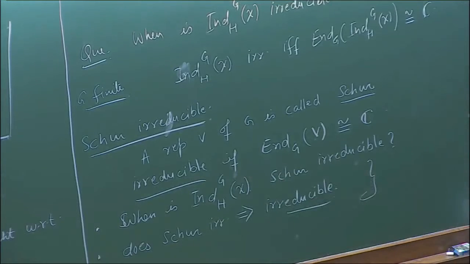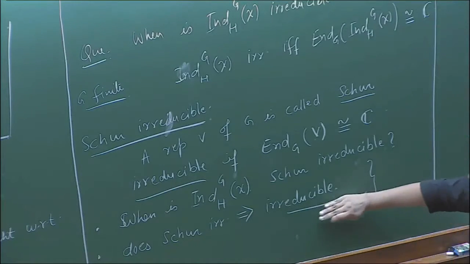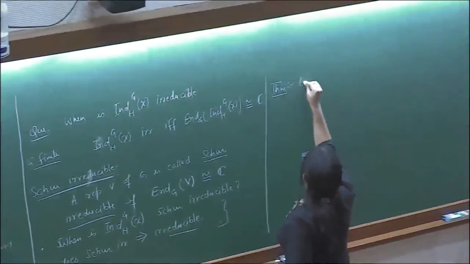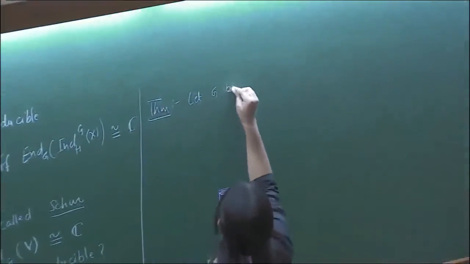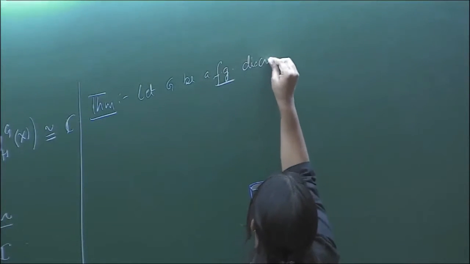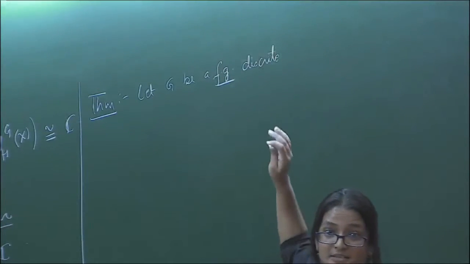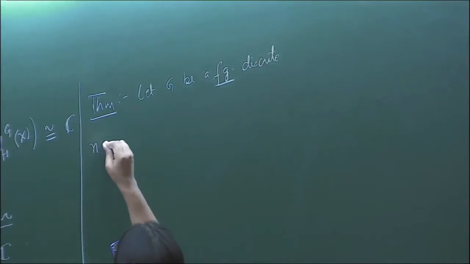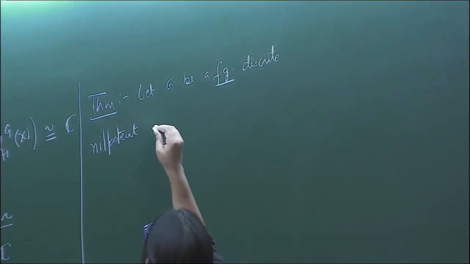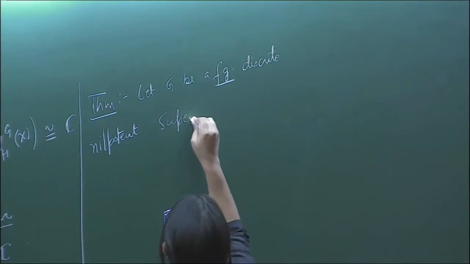I'll state this result. So let me just state this result. Finitely generated, discrete, nilpotent group. Here, I mean, their work is for nilpotent, and you can also do it for supersolvable as well, it works.